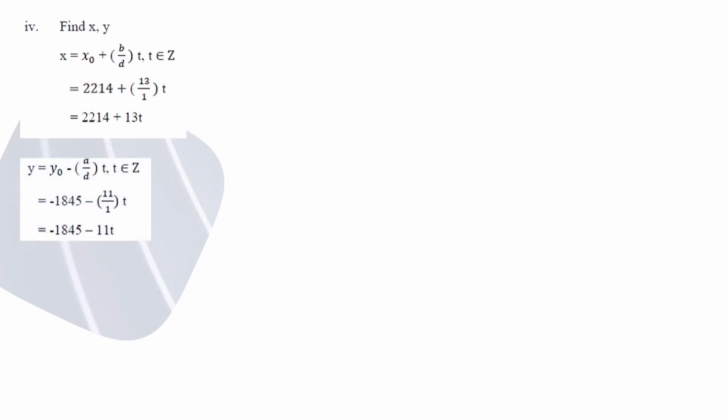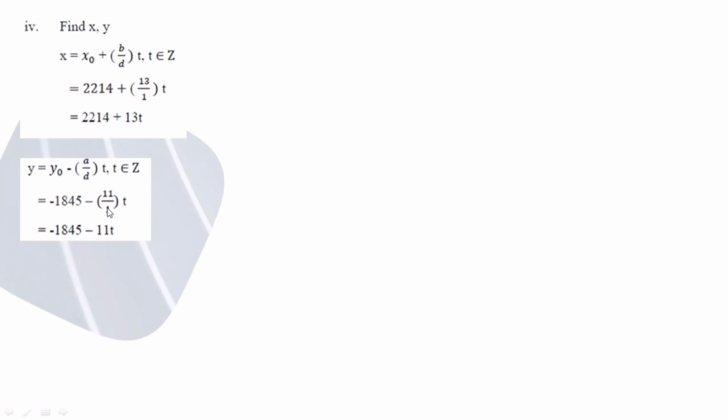Next, to find the value of y, we can write it as y0 minus a over d times t, where t here is the element of Z. From the previous part, we got to know that y0 is negative 1845 and minus a as 11.